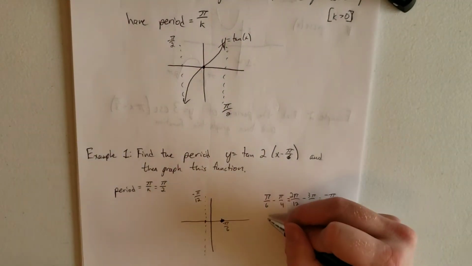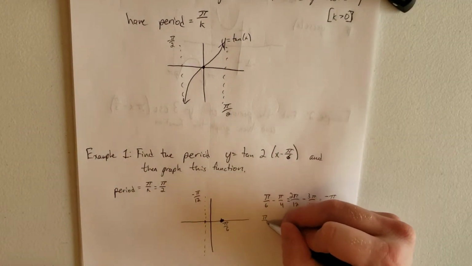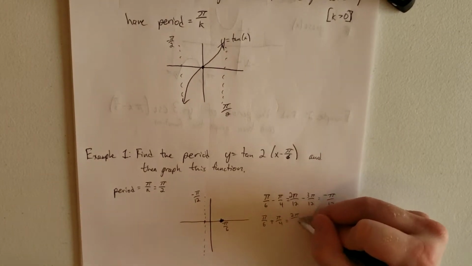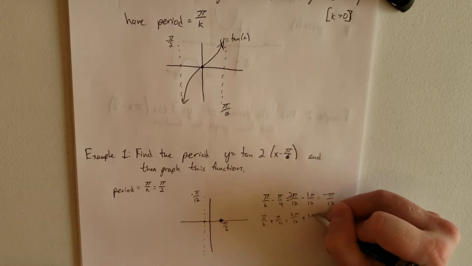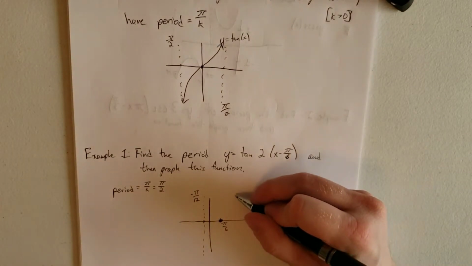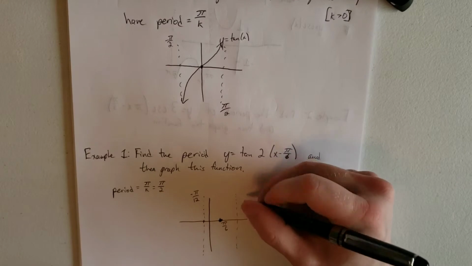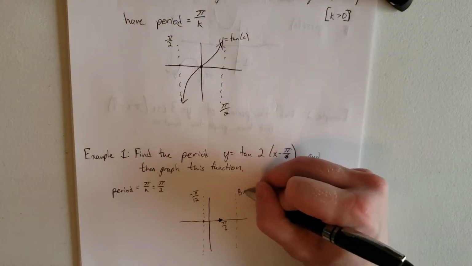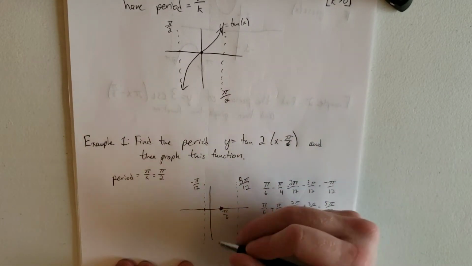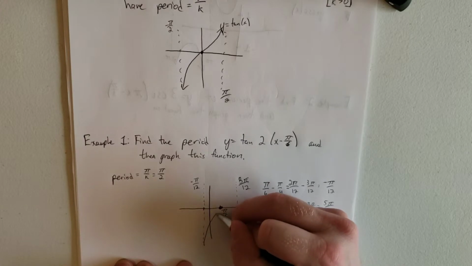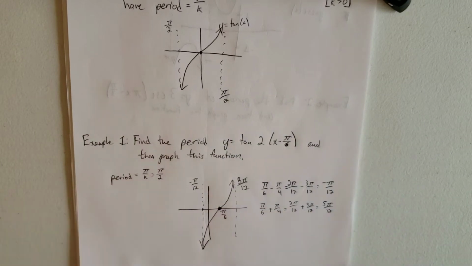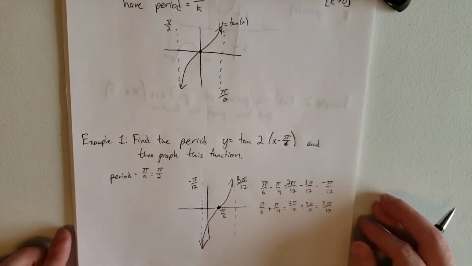And our next vertical asymptote would be pi over 6 plus pi over 4, which is equal to 2 pi over 12 plus 3 pi over 12, which is equal to 5 pi over 12. So the right side vertical asymptote is 5 pi over 12. And then we draw in our tangent function. And that's it for this example.